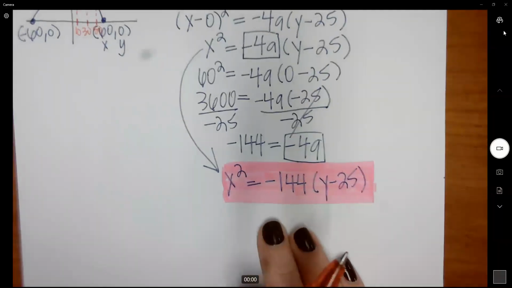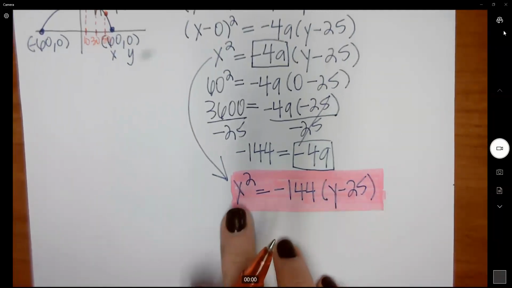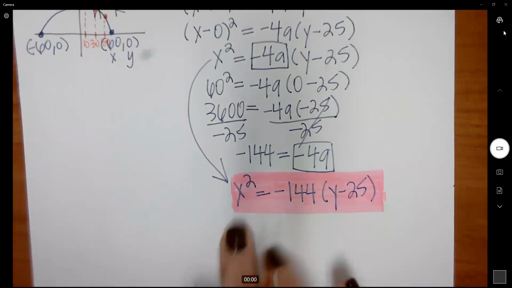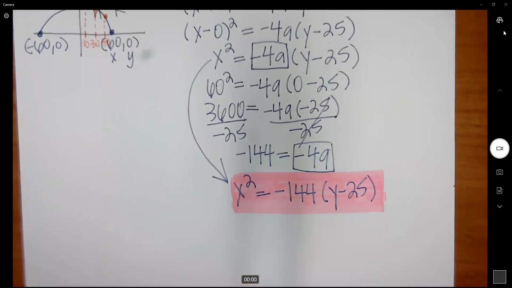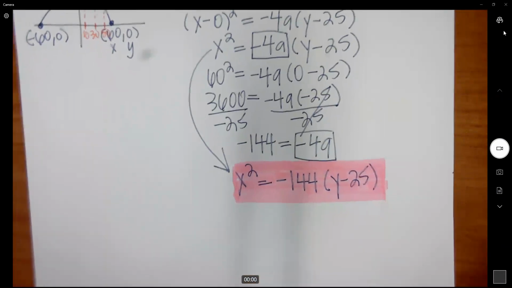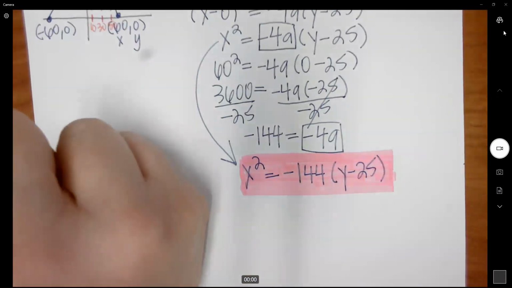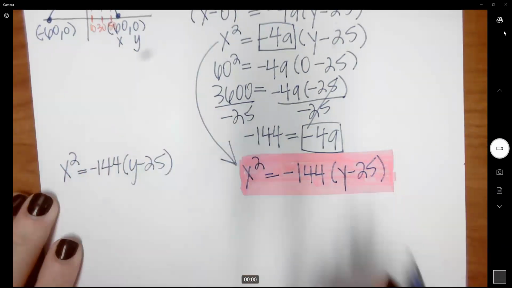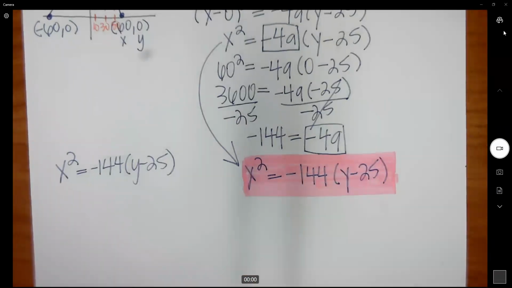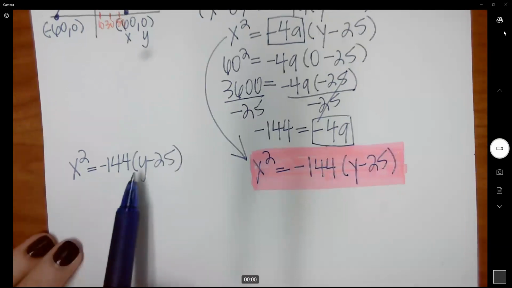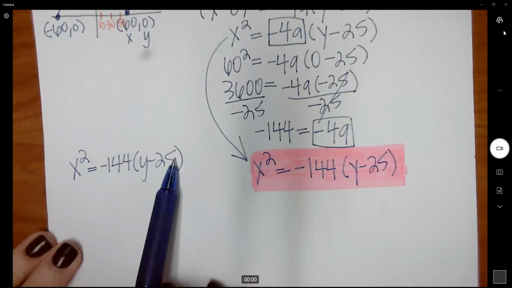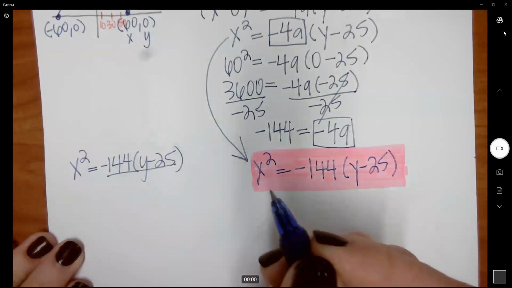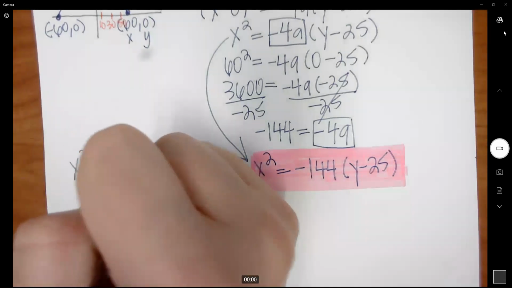You can use this equation, no problem, and put in 10, 30, and 50 into the x right here. But what you're going to have to end up doing is solving this equation 3 separate times for y. So the easiest thing to do is to take our equation and solve this for y, and then it's just plugging in values. So if I want to solve this for y, I could distribute that negative 144, but the easiest thing to do is the opposite of distributing, which is to divide.